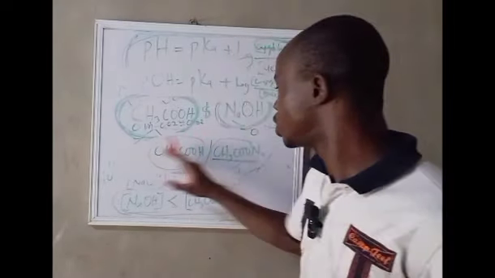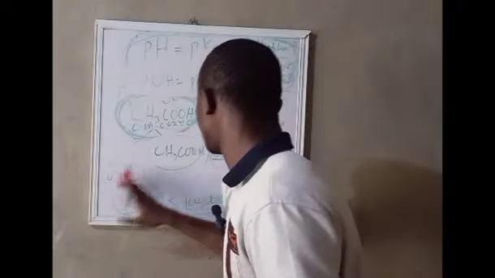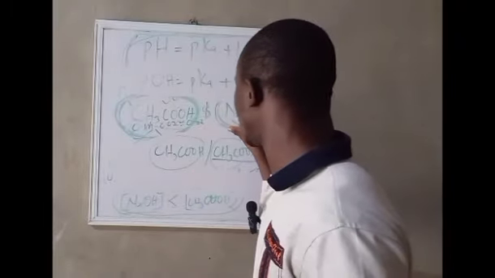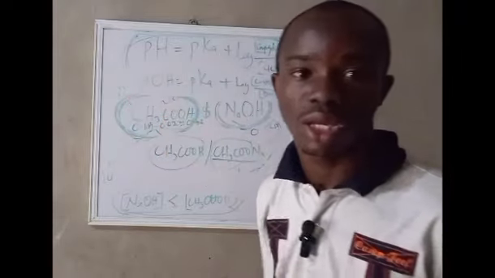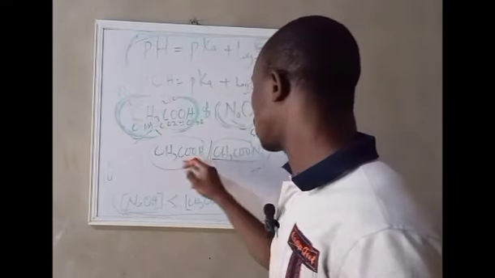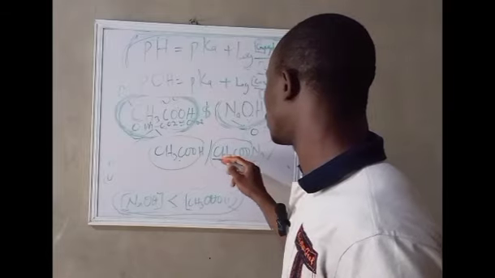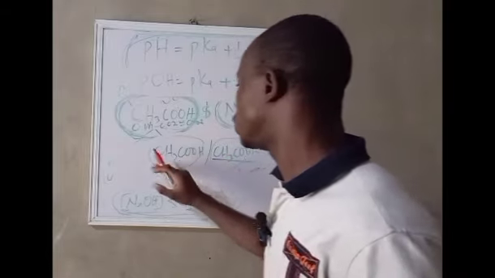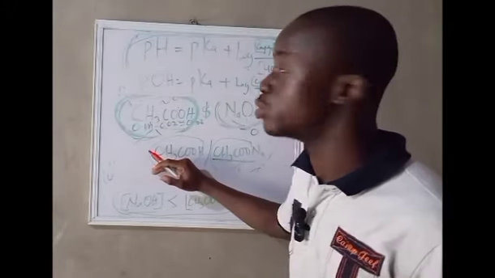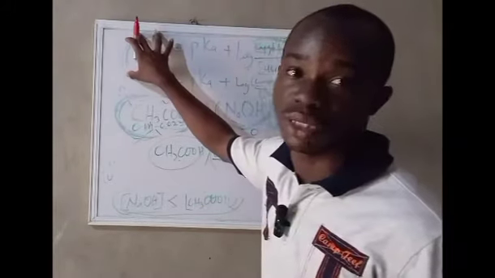So this makes a buffer. But in some cases, like I said, some people will use a strong base added to this weak acid to produce a buffer. So in this particular case, you just need to determine the amount of CH3COO minus that we produce from this salt, and then you also determine the amount of acid used, and then you determine the pH.